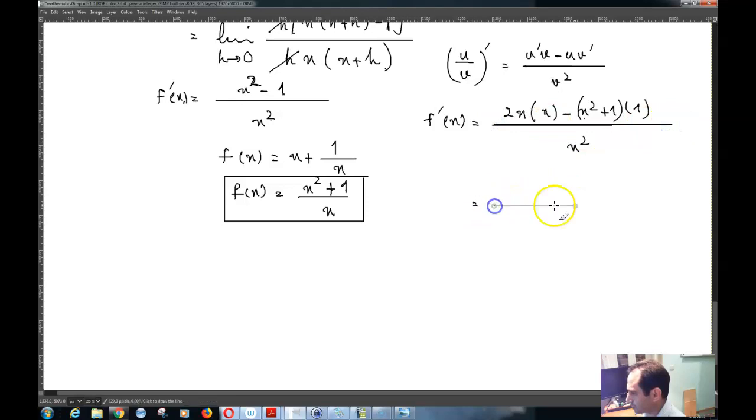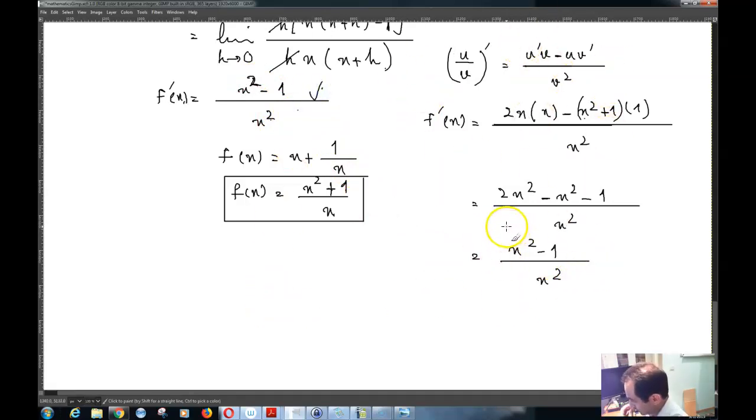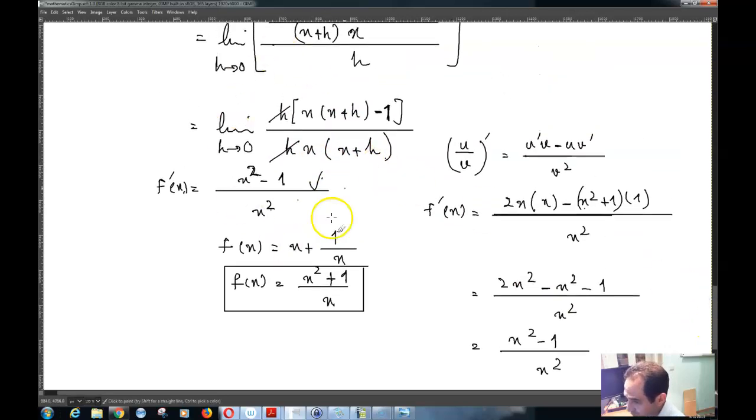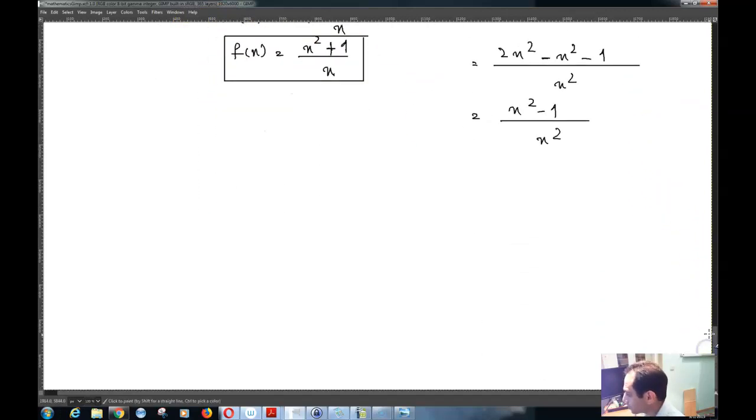And that is equal to basically 2x squared minus x squared minus 1 over x squared, which is equal to x squared minus 1 over x squared, which is the same thing that we got over here. So of course these are easier, but whenever you do need to use the first principle, of course then you use the first principle and use the limit and everything to calculate the derivative of your function.